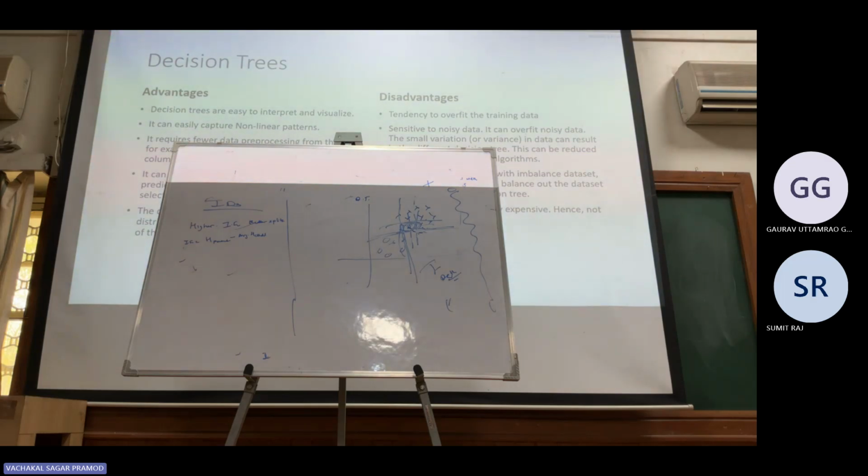Easily captures non-linear patterns. Fewer data processing, as I mentioned, no need to normalize the column. In linear regression, we have to normalize the column because one column could have more biasness toward the output.